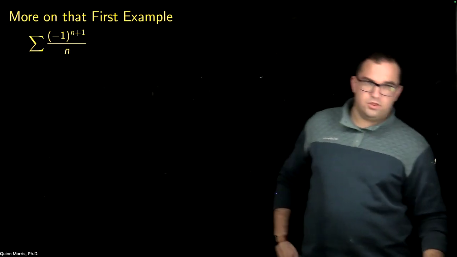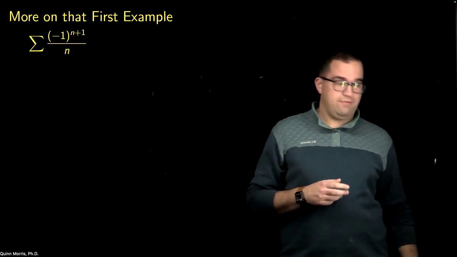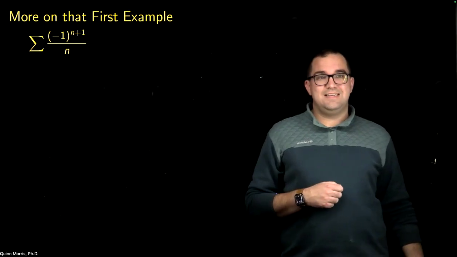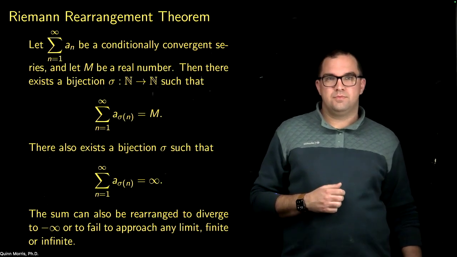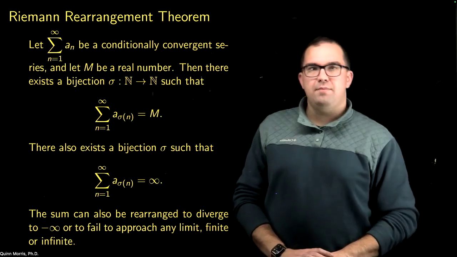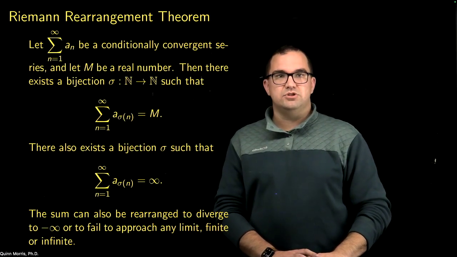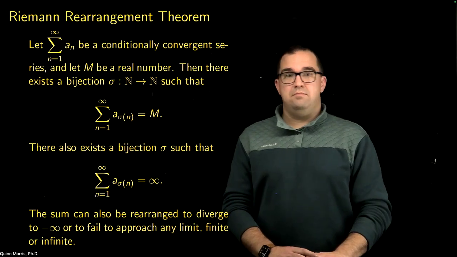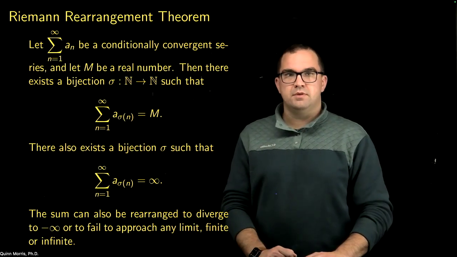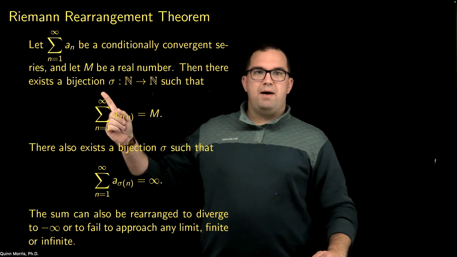We want to conclude this video by looking at the Riemann rearrangement theorem and then at least outlining the proof. So the Riemann rearrangement theorem says, let a_n be a conditionally convergent series and let M be some real number. Then there exists this bijection.